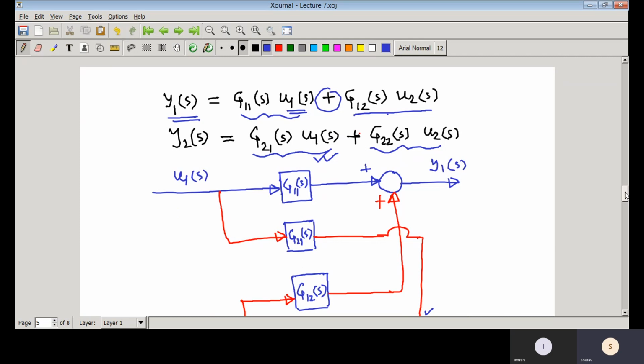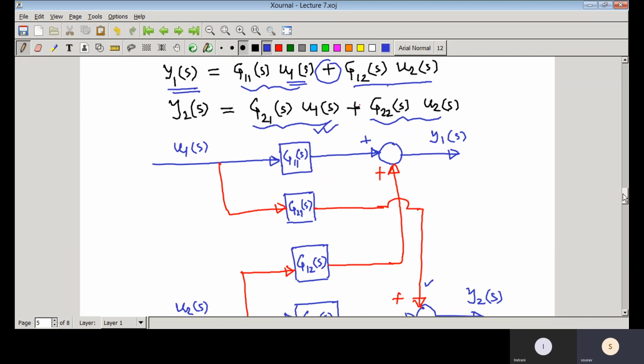So this is actually that multi-input multi-output system where you can see how the two outputs are related with the two inputs. Particularly, the analysis and design of multi-input multi-output system is difficult. The reason is these two terms, which are called coupling terms. Why is it coupling?